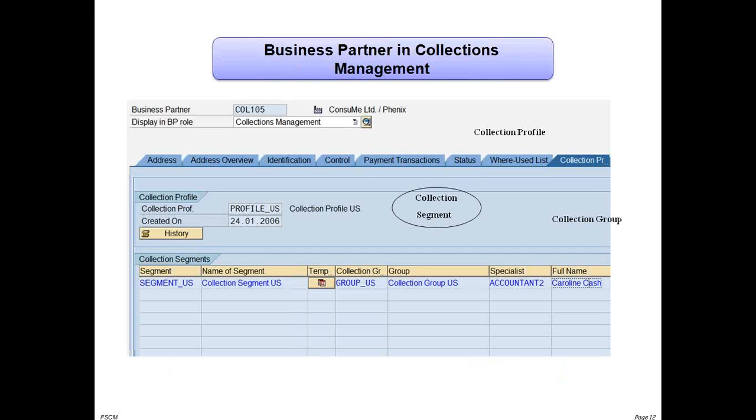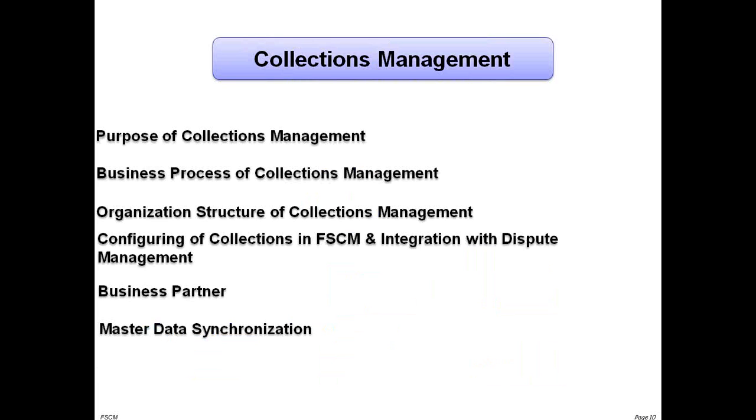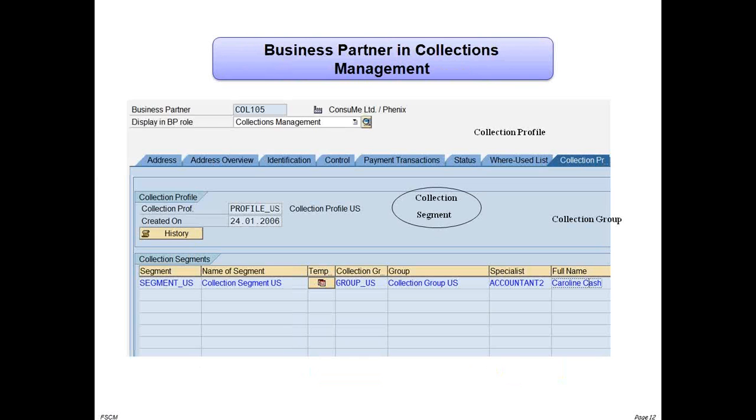Okay, let me go to the next slide, called business partner. I told you business partner is one of the key elements, and one of the key success factors for the success of financial supply chain management. So how is it going to be done? He is the customer.